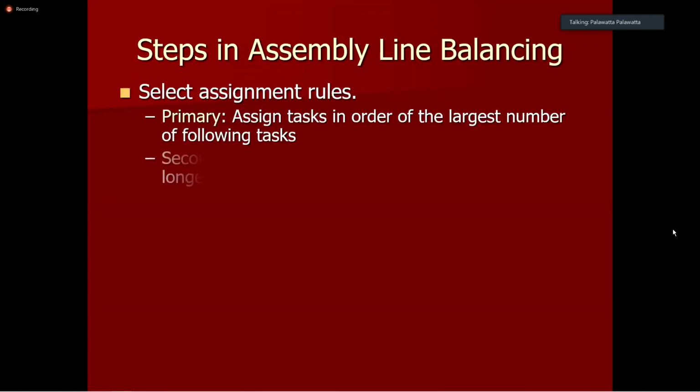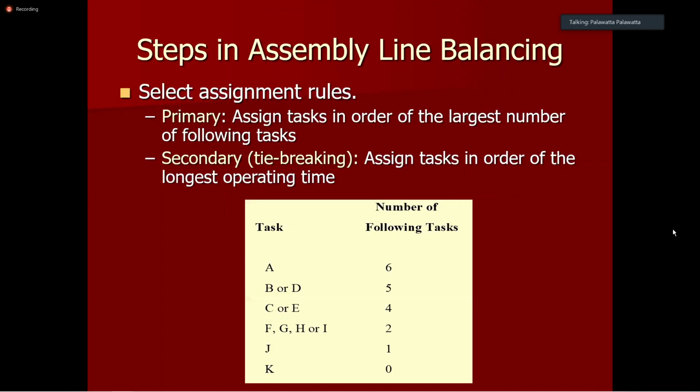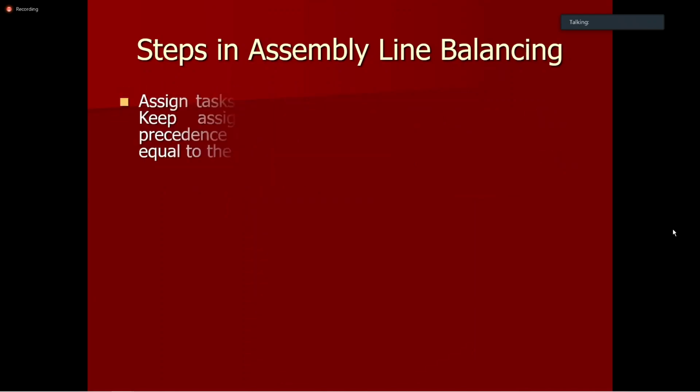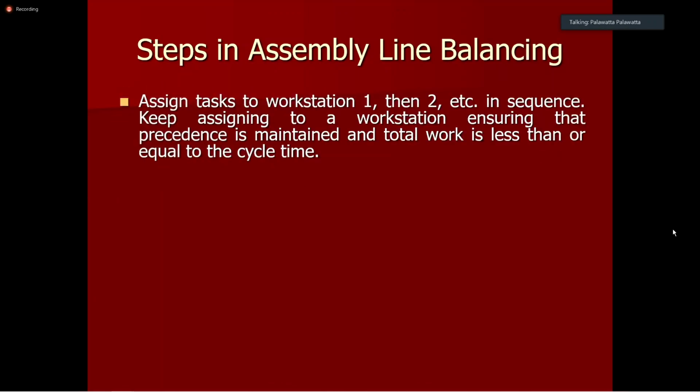We have now selected the assignment rule. Then assign tasks to workstations 1, 2, etc. in sequence. Keep assigning tasks to a workstation, ensuring that precedence is maintained and total work is less than or equal to the cycle time.